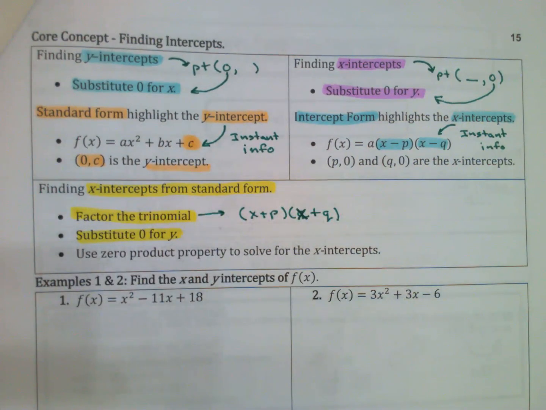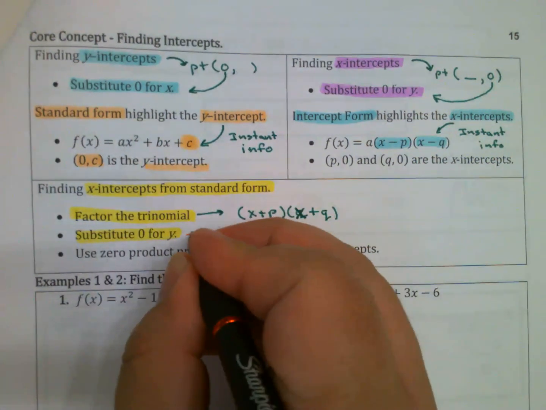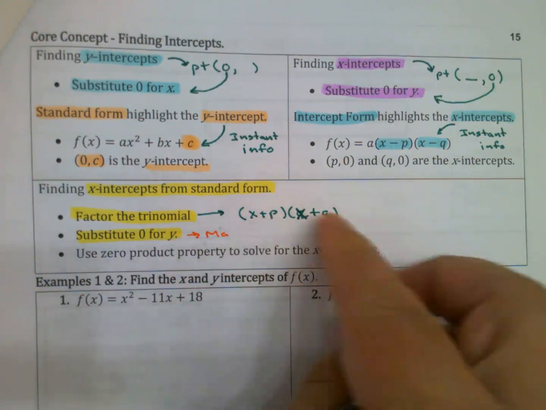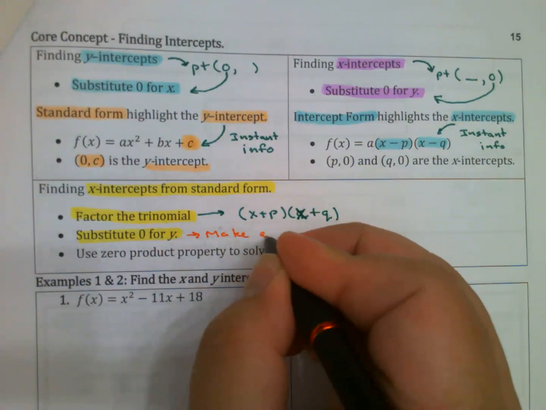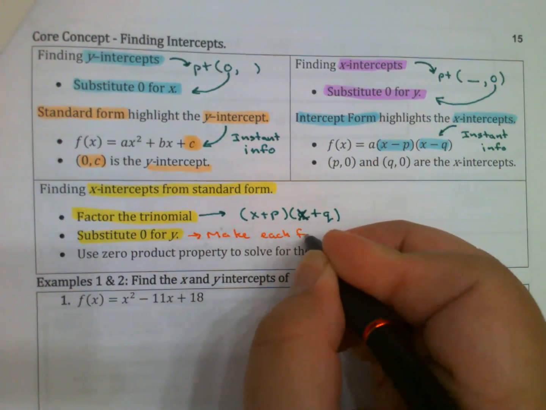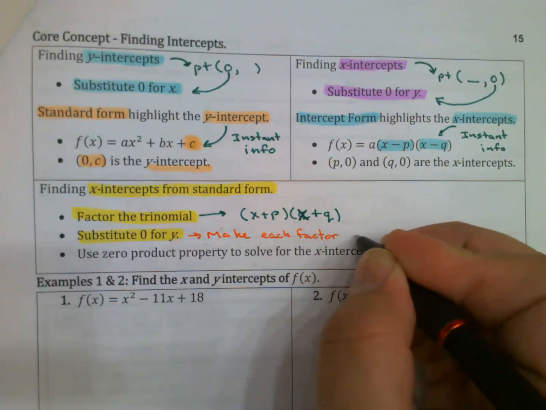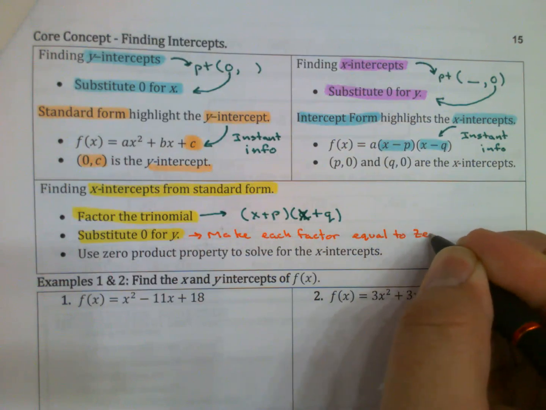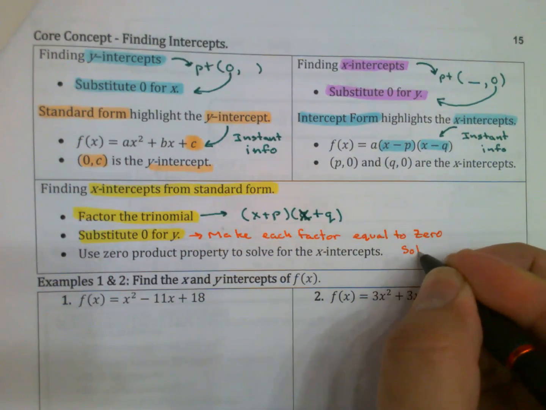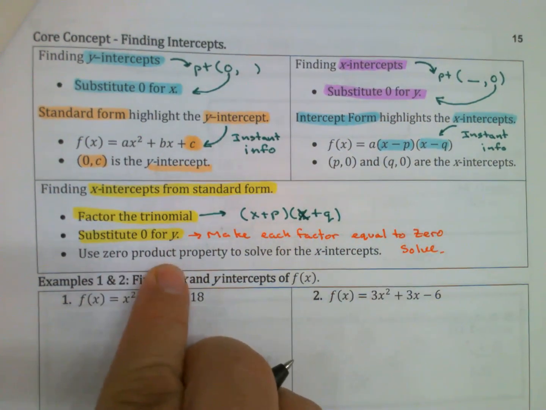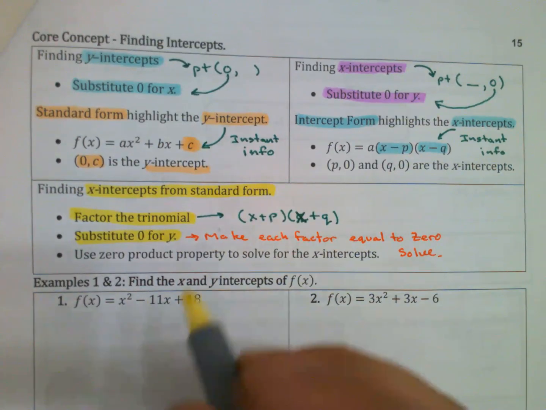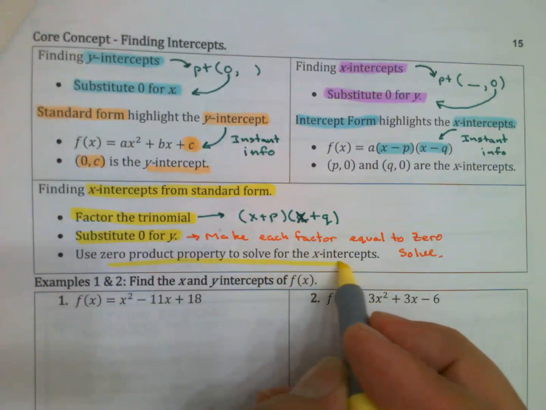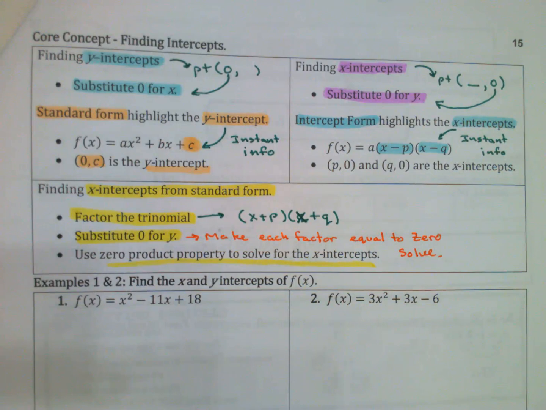What they're really telling me there is make each factor equal to 0, and then, of course, solve. That's what they mean by the zero product property. That's basically where we make each factor equal to 0. So we just want to find the x-intercepts.